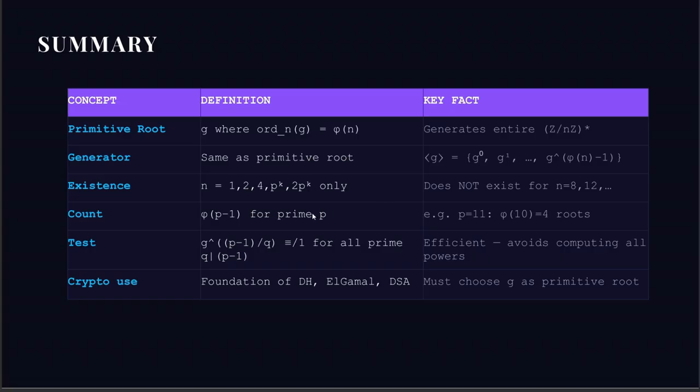And for a prime p, the count is phi of p minus 1 primitive roots. For the efficiency test, the condition is: for every prime divisor q of p minus 1, g to the power (p minus 1) by q is not congruent to 1 mod p.